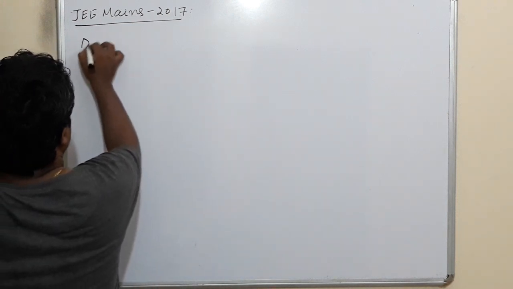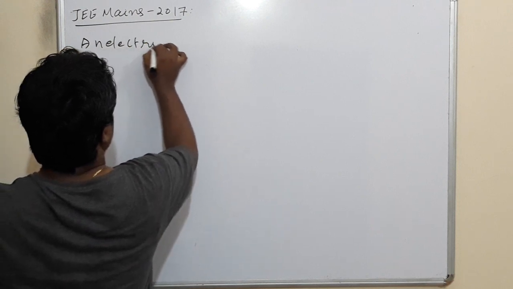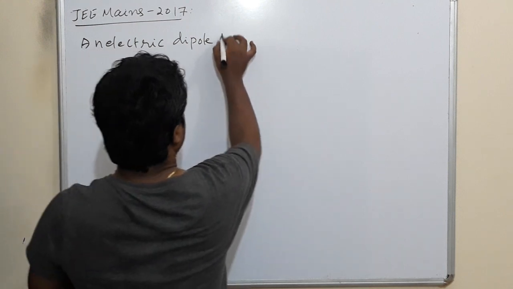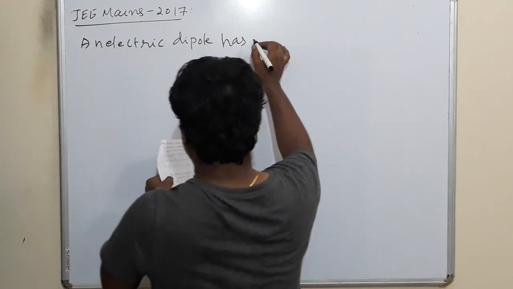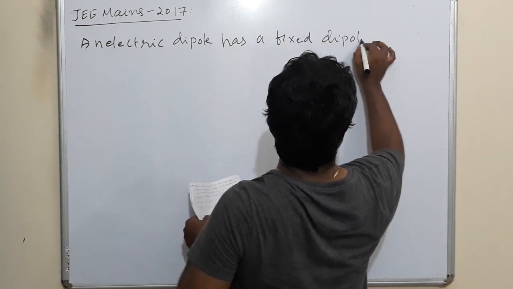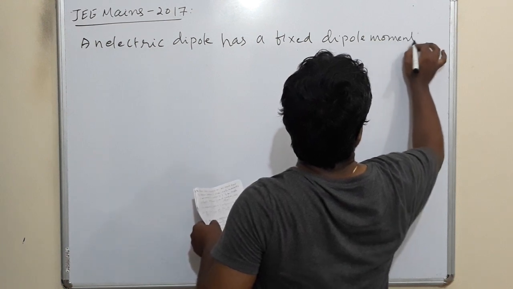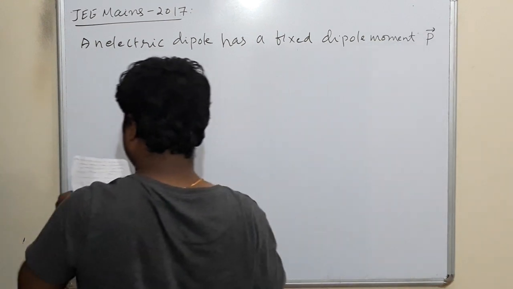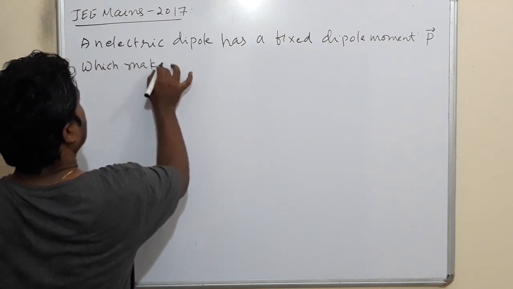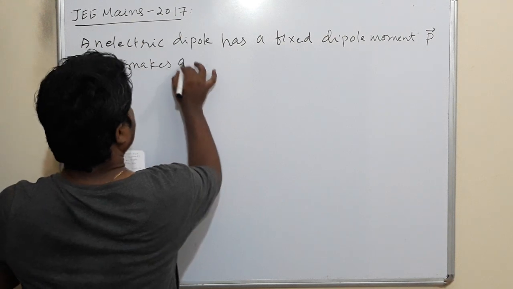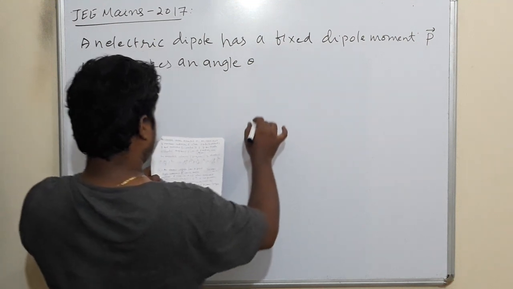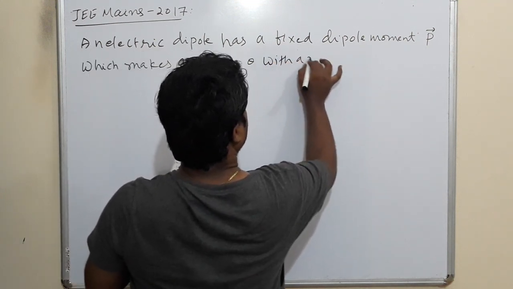An electric dipole has a fixed dipole moment, not varying, fixed dipole moment P, which makes an angle theta with x-axis.